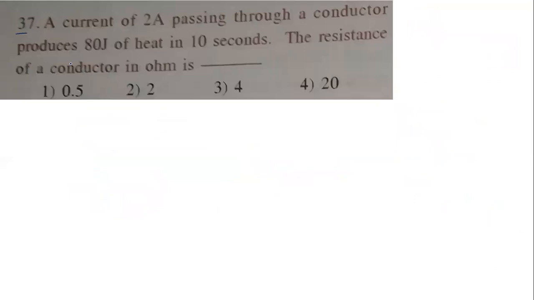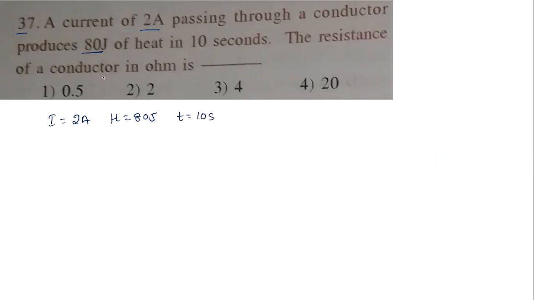Question number 37. A current of 2 ampere passing through a conductor produces 80 joule of heat in 10 seconds.